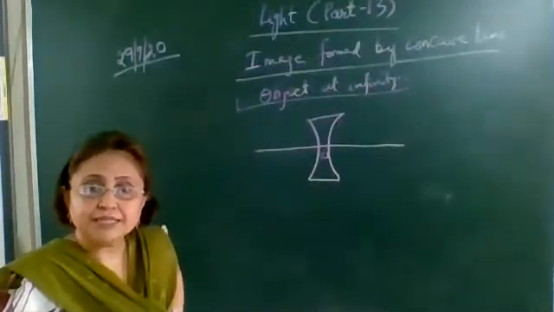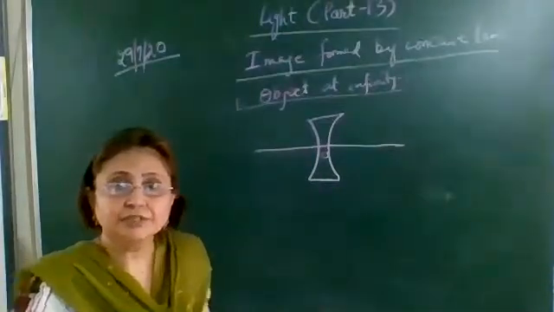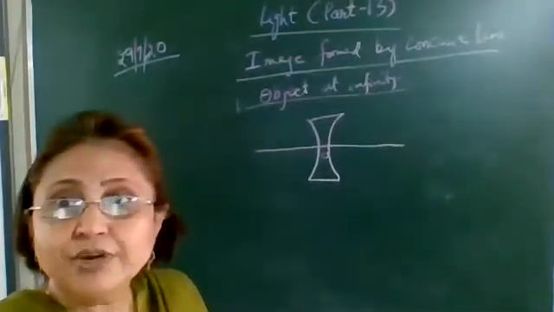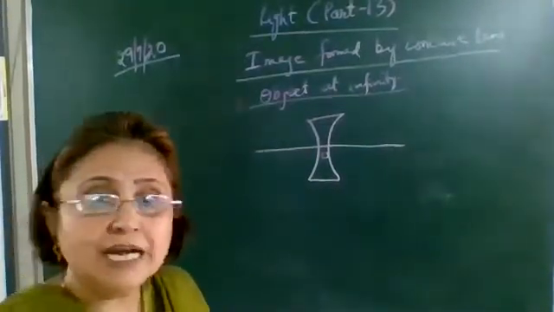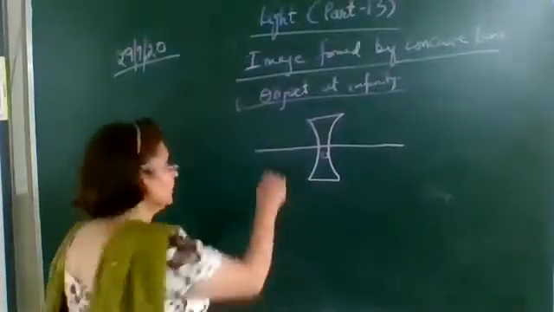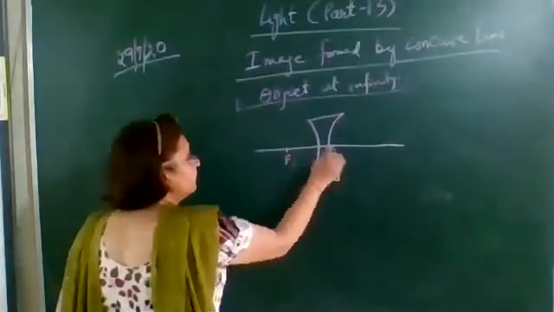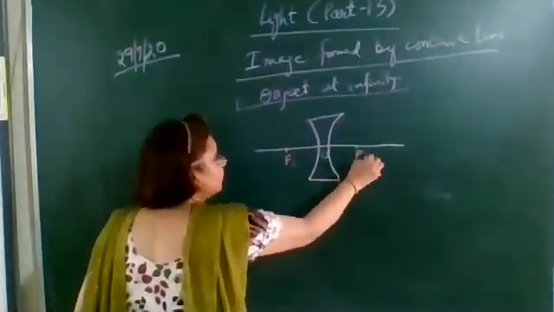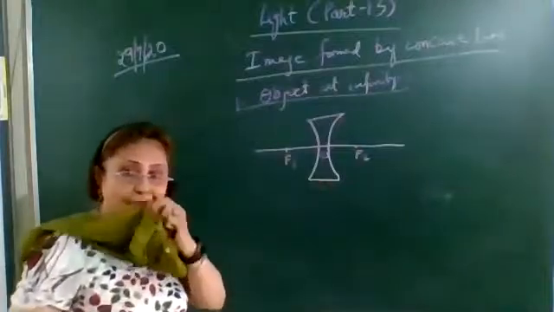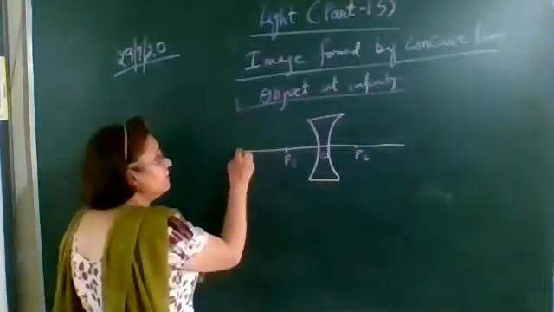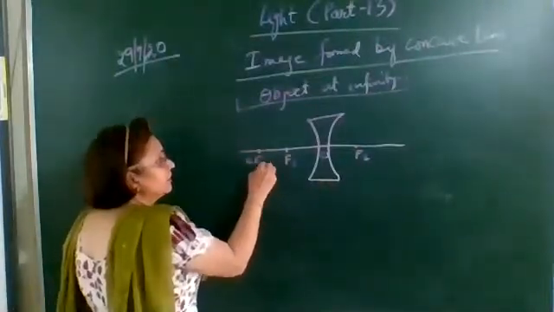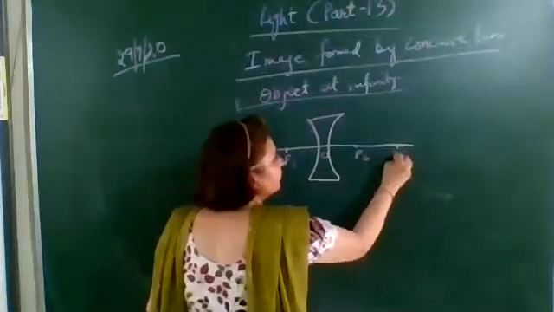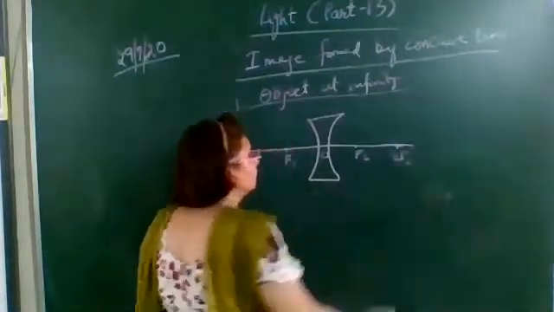This line we call the principal axis. Next, mark F1 and F2 at equal distance from the optical center. Then double the focal length: 2F1 on the left side, 2F2 on the right side.